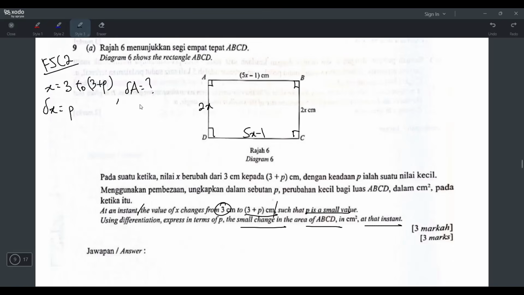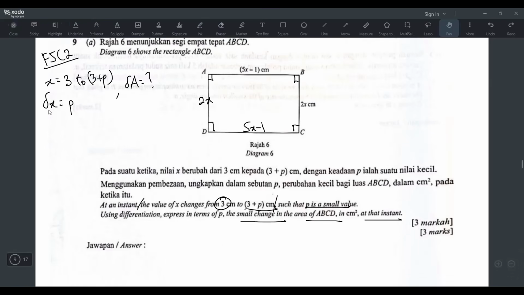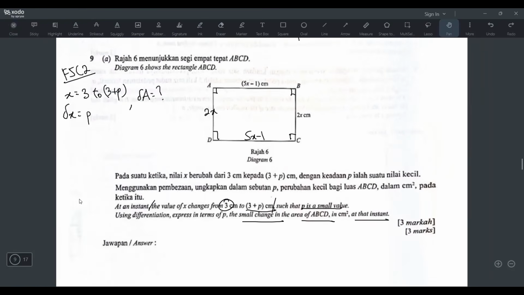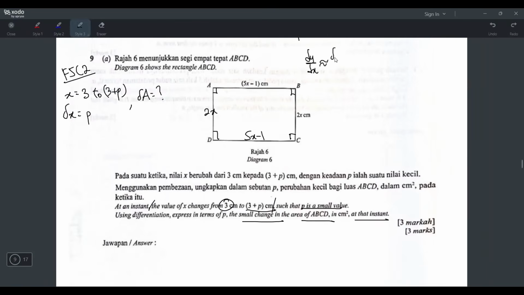Okay, all right. How do you find the delta A? They already give you the delta x, right? So the formula you use when you do small change is dy dx almost equals to delta y over delta x. But it's not always y and x. Sometimes it's like V, r, depending on the question lah. And for this question, it will be dA dx because it's delta A over delta x, right?